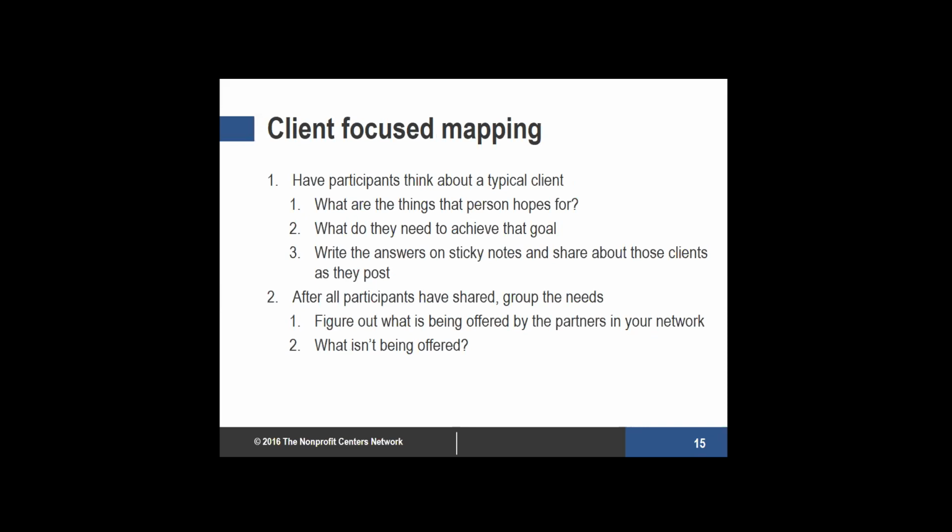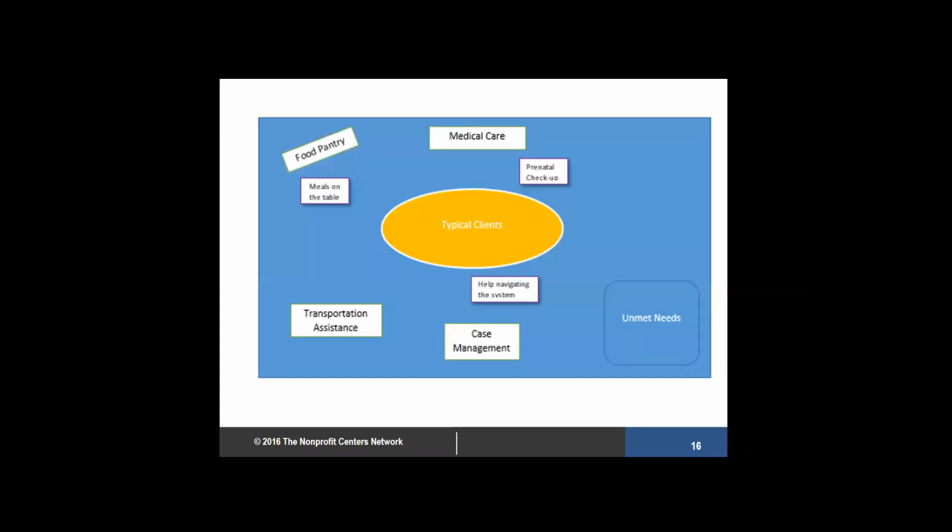Then, once all these answers are up on the wall, we can see which organizations offer the needed services and also the gaps. So in this scenario, this is my basic facilitator map.